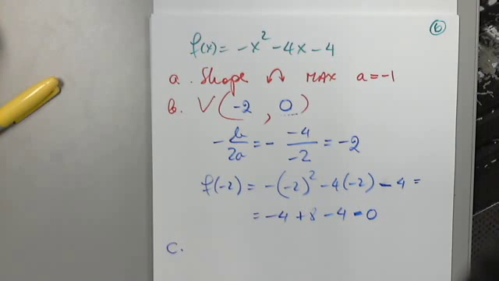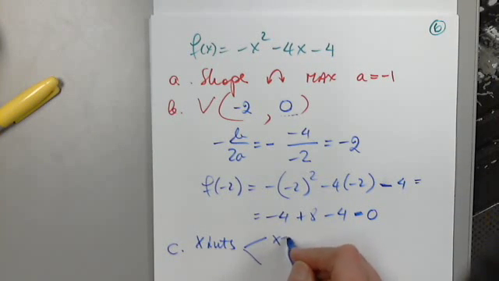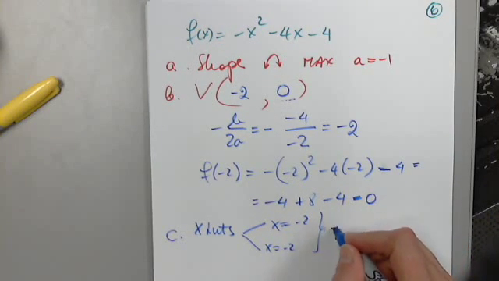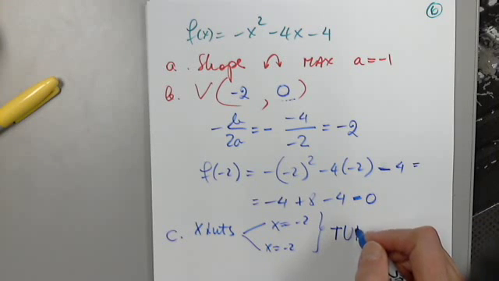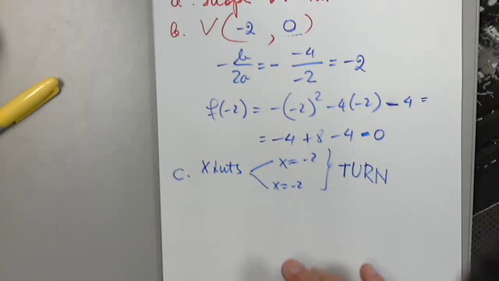So there are no more x-intercepts. This is it. So if I want to say x-intercepts, I will say x equals negative 2, x equals negative 2. Perfect.